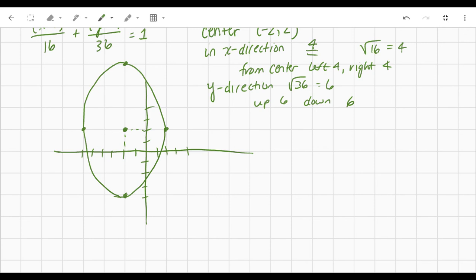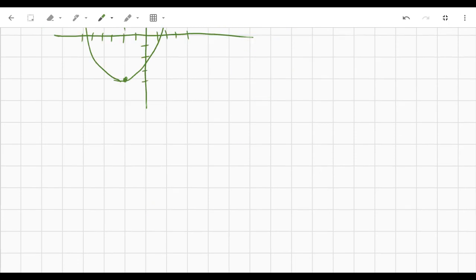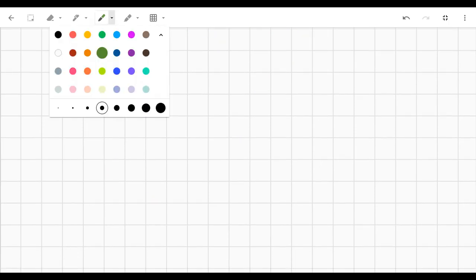So the next one, a little trickier. We want graphing an ellipse centered at the origin.